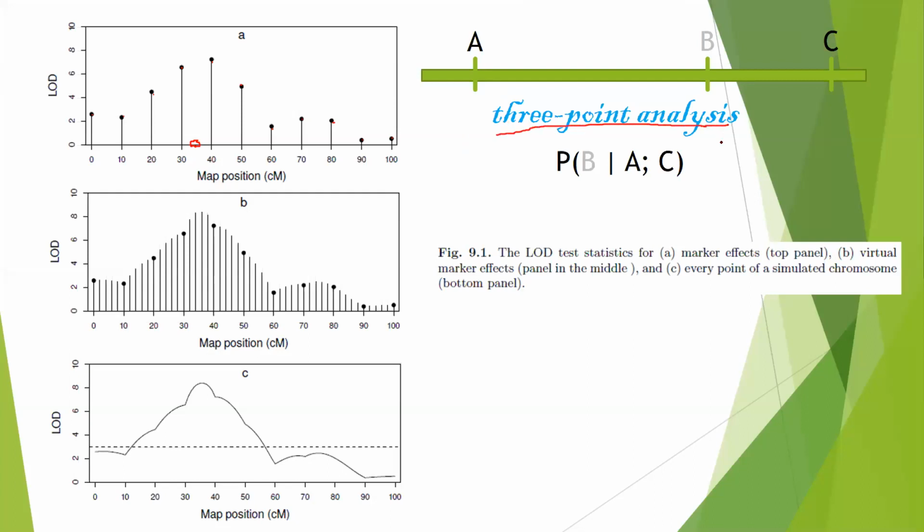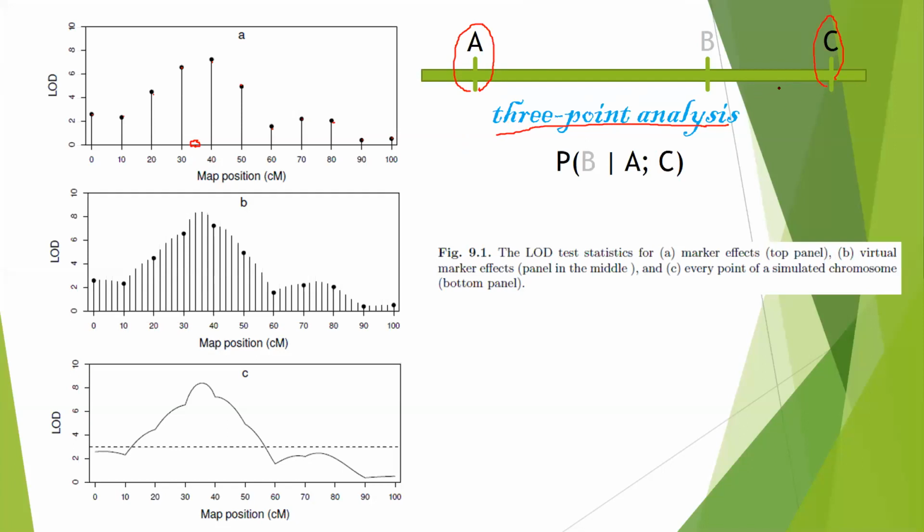What we did in that chapter, I believe it's about chapter 3: given the marker information for A and C, we call these two markers the flanking markers.